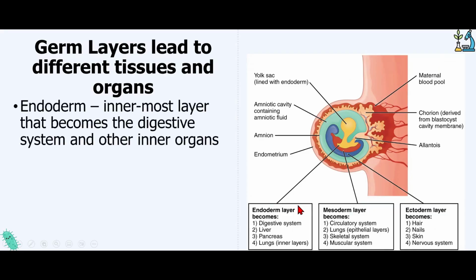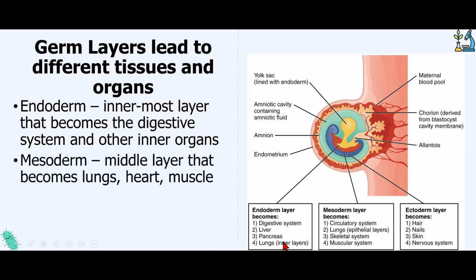And so the endoderm will eventually become the organs that have to do with the digestive system. Anyway, your inner organs. Then we have the mesoderm. The mesoderm, again, is the middle layer, and it's going to become things like your lungs, your circulatory system. So that's your heart, muscle, skeletal system, all of that.